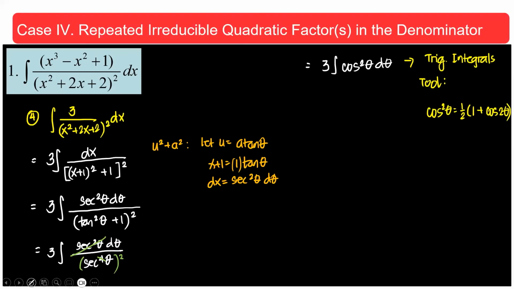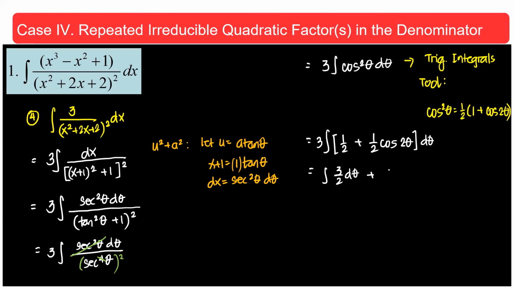Okay. So that means ito, the whole thing, you can replace this with 3. 1/2 plus 1/2 cosine 2 theta. Let's distribute muna. Integral of 3/2 d theta plus integral of, I don't need the 3/2.